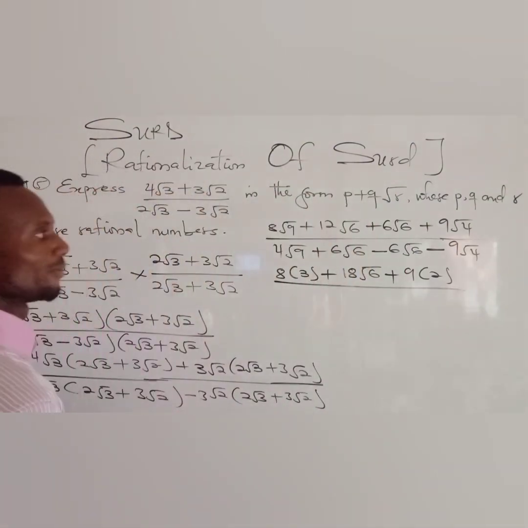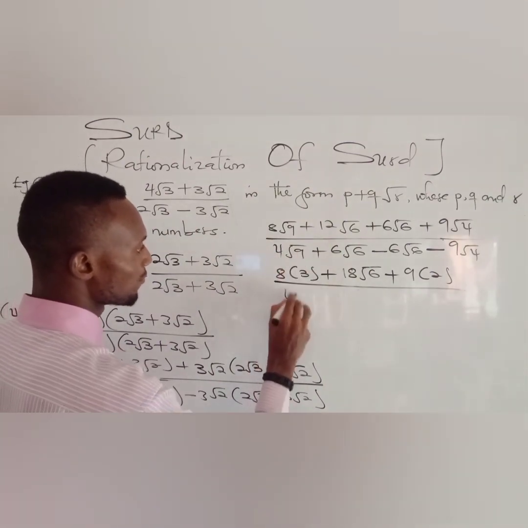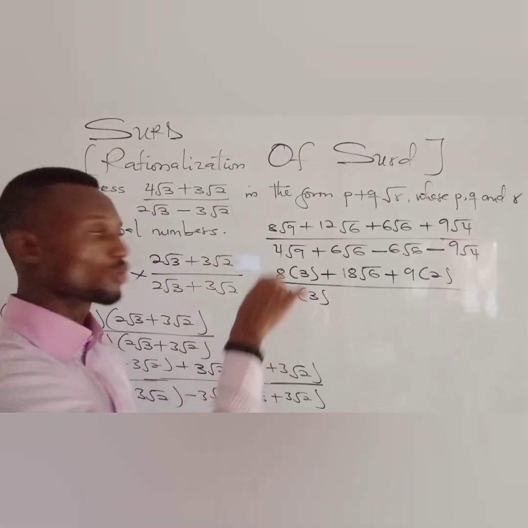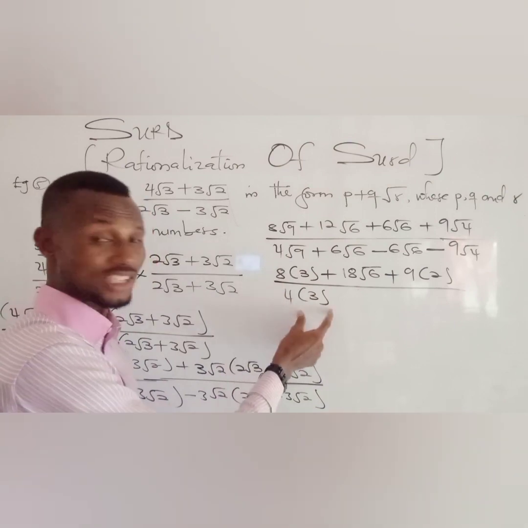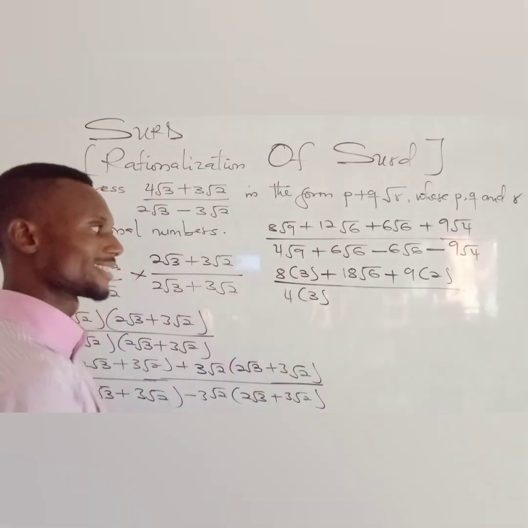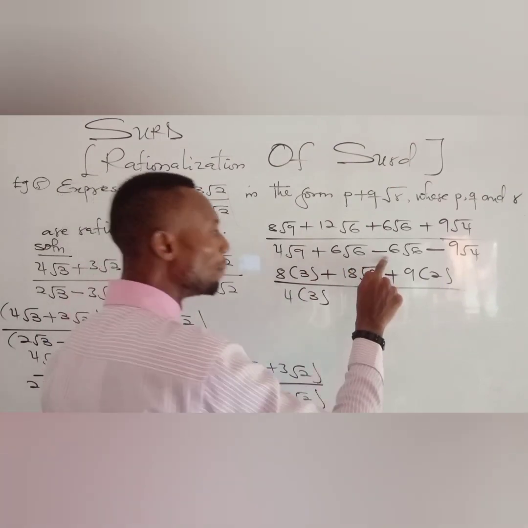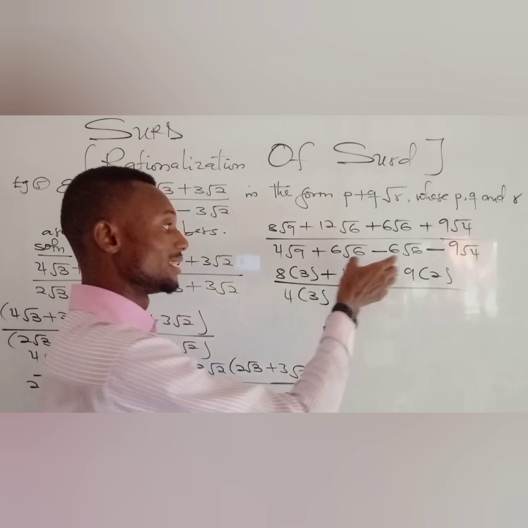So let's do the denominator also. I have my 4 root 9 here, which will be 4 times 3, and I hope you understand, because the square root of 9 gives 3, and the 4 is multiplying it, so 4 into bracket 3. Now this is positive 6 root 6 minus 6 root 6. They will cancel away and it will be 0.